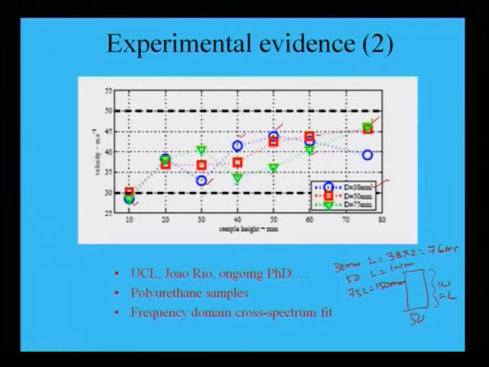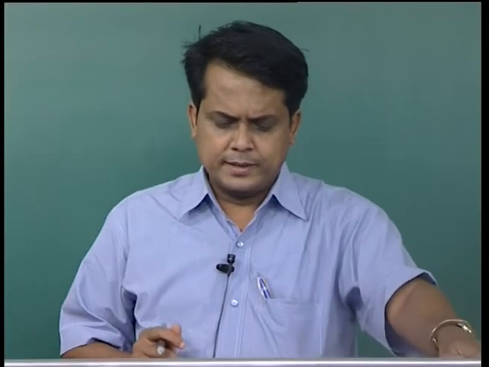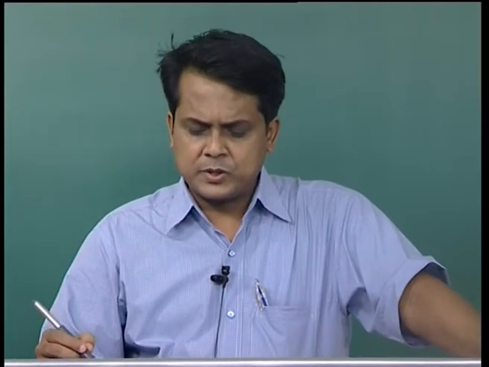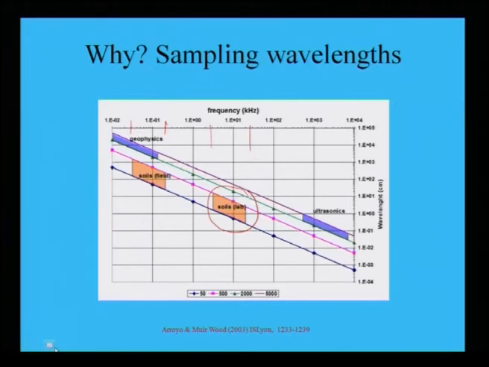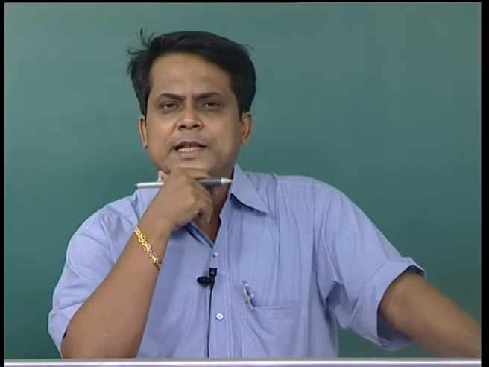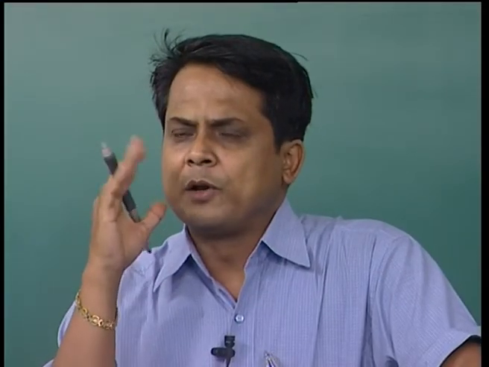These are the effects of sample size, Stokes near field, then sample size, experimental and numerical evidences, then modeling hints. This part I am not discussing. Now, I have shown why sampling wavelength: why we are changing the wavelength sampling, particularly in the laboratory.